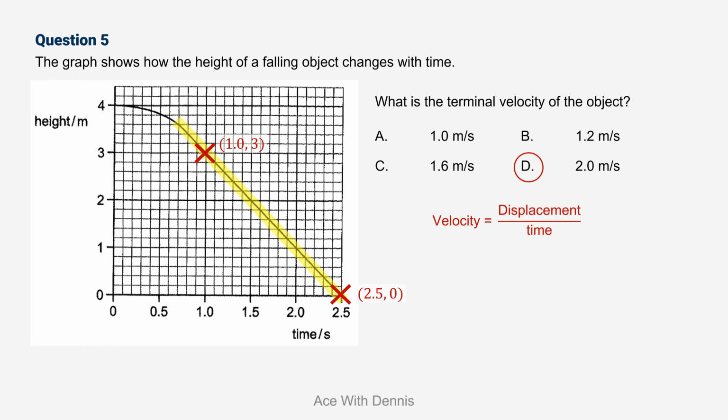Now, to calculate the velocity with this formula, displacement over time, this will be the rise, which is 3 meters, and the run is the time, which is 2.5 minus 1.0, and we get 1.5 seconds. Now we substitute into the formula: 3.0 divided by 1.5, and we get 2 meters per second.